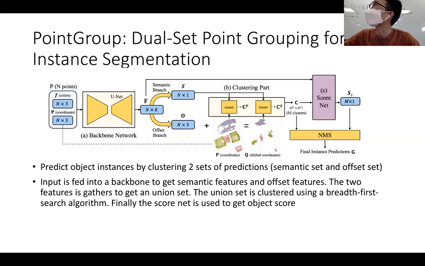But if you have the offset branch, when you separate, they are far from each other, so it will be easier to separate the objects. However, what happens if you only use the offset branch? For some very large objects, your prediction is not so good. So in that case, the semantic information is better.